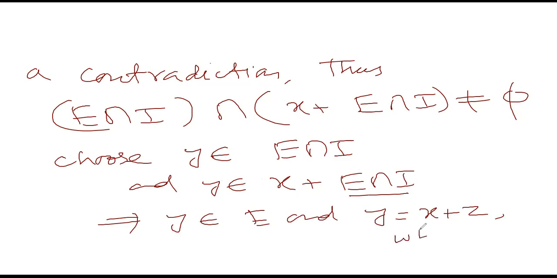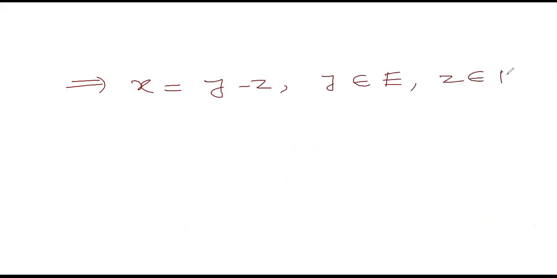So this implies x is equal to y minus z, where y belongs to E, z belongs to E.